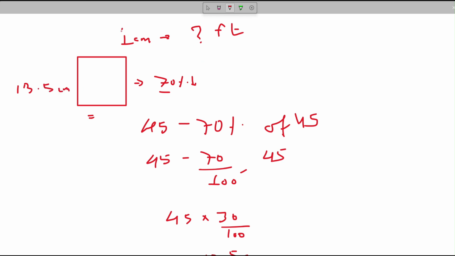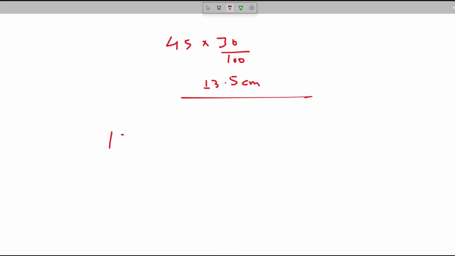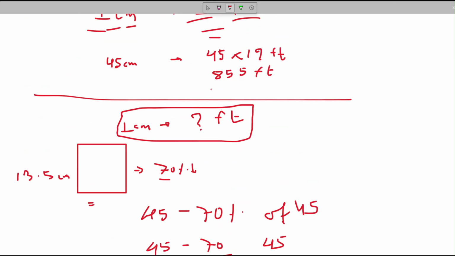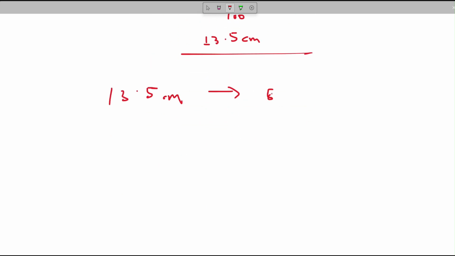So what we are asked is how many feet 1 centimeter of the smaller map covers. 13.5 centimeters is said to cover 855 feet.